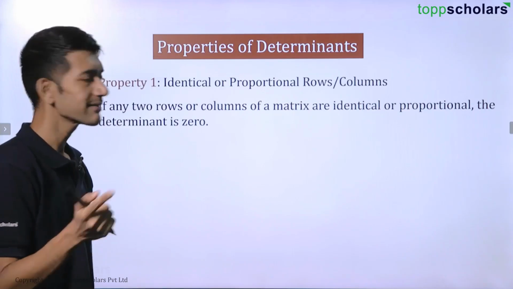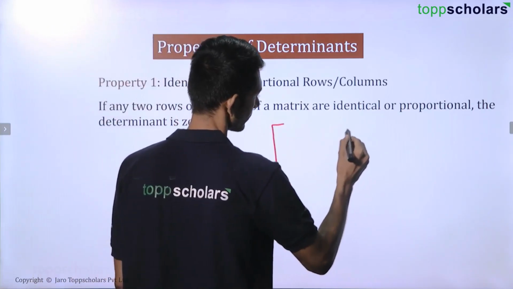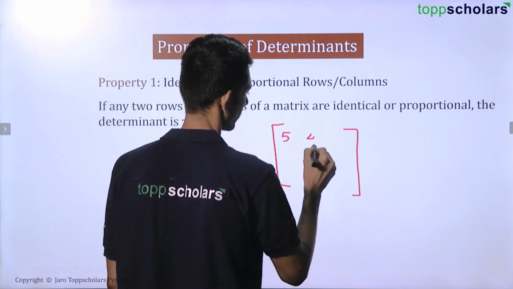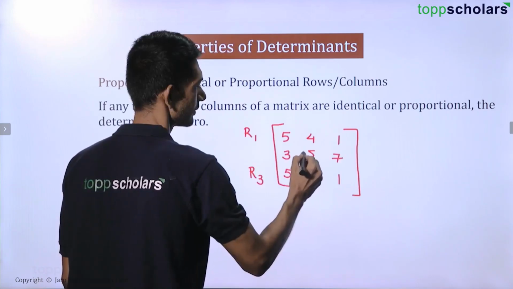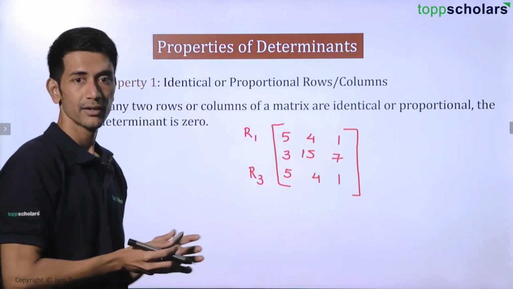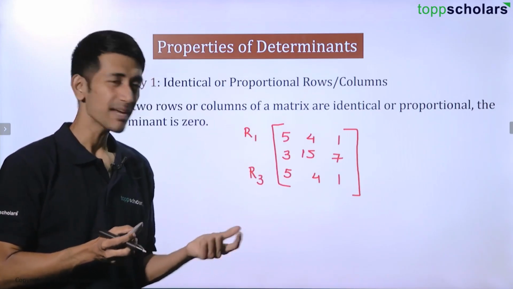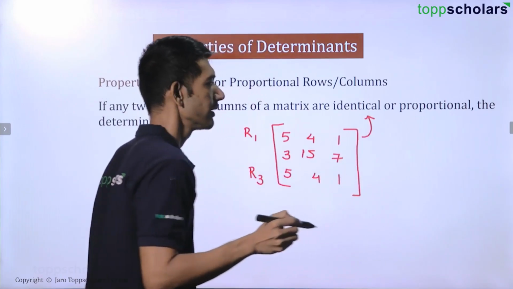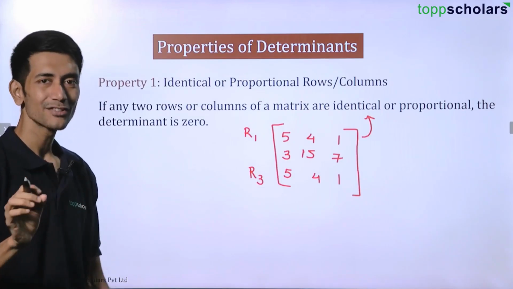So let me give you an example of identical first. Can I say row 1 and row 3, both of them are same, that is they are identical? Then if you find out the determinant, you are going to get the determinant of this as 0.